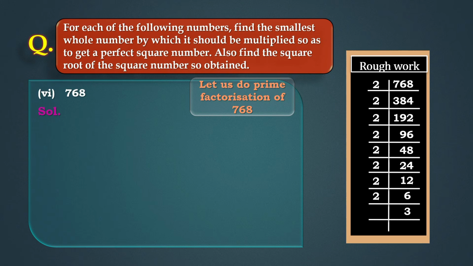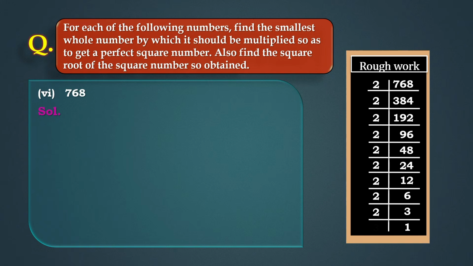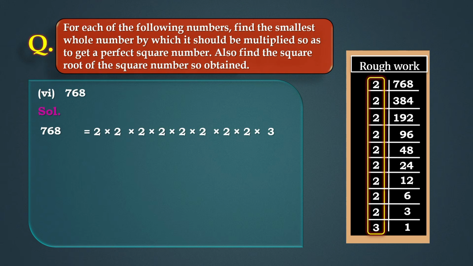Now, 3 is not divisible by 2, so we divide by 3. 3 divided by 3 gives 1. So, we can write 768 as 2 multiplied by itself nine times, multiplied by 3.